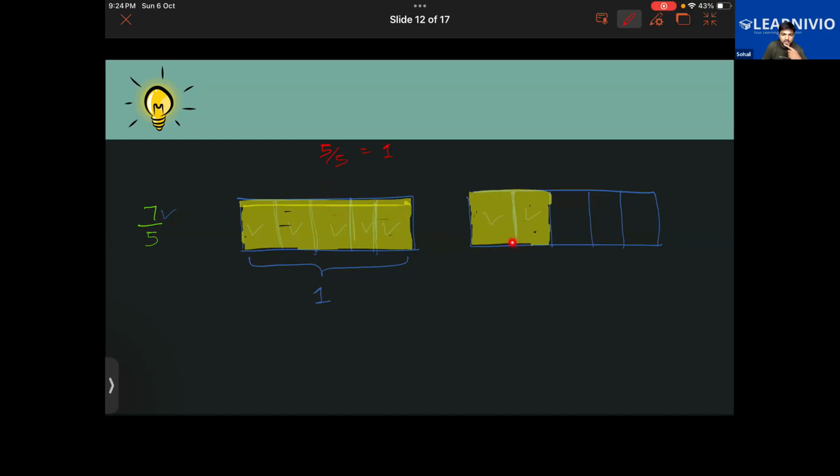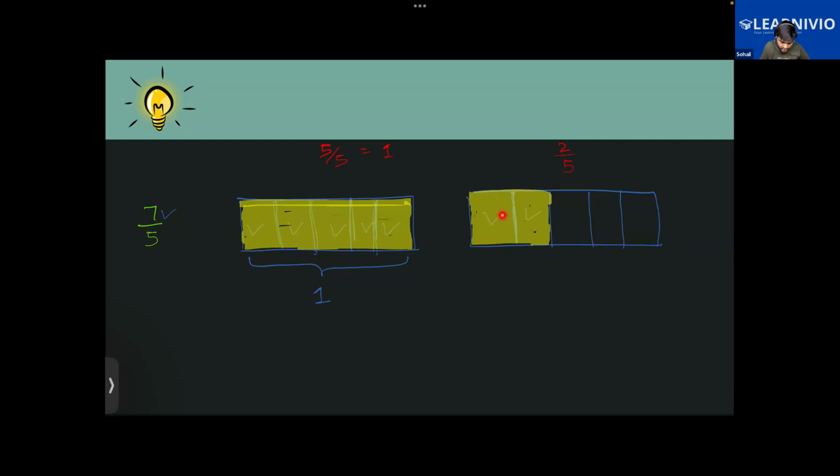So here the thing was, Habib, you pay attention here, Sumaya, you also. 5 out of the 5 blocks were shaded, all the blocks were shaded here, but here only 2 out of the 5 have been shaded. How many are there? 1, 2, 3, 4, and 5. But only 2 of them have been shaded.